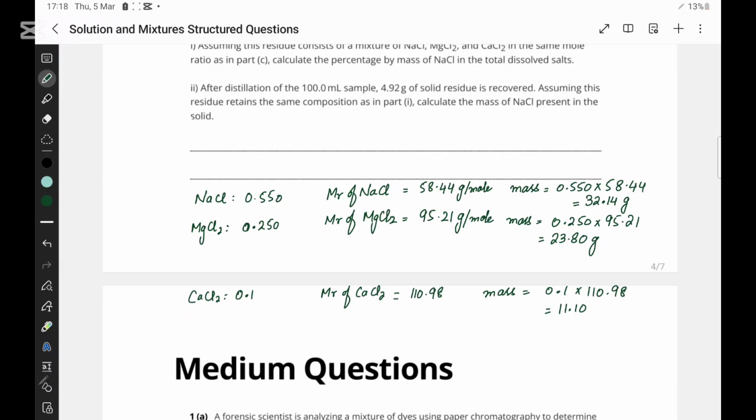Then first we are going to calculate the total mass of the mixture, and that is going to be 32.14 plus 23.80 plus 11.10, and that comes out to be 67.04 gram.